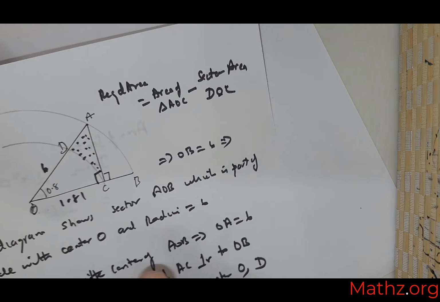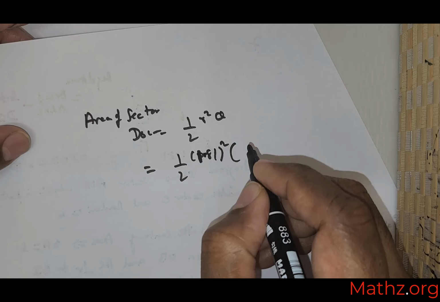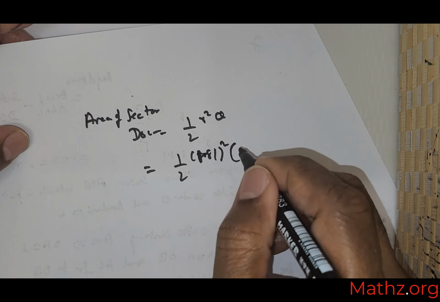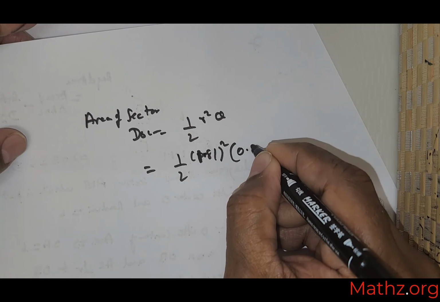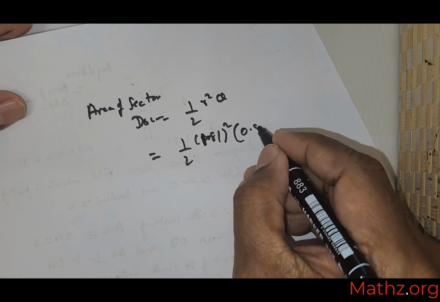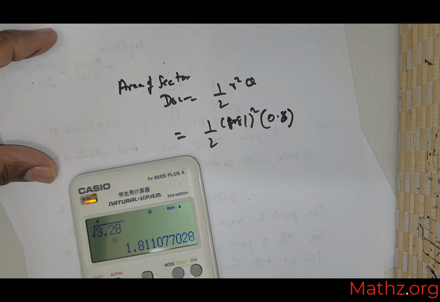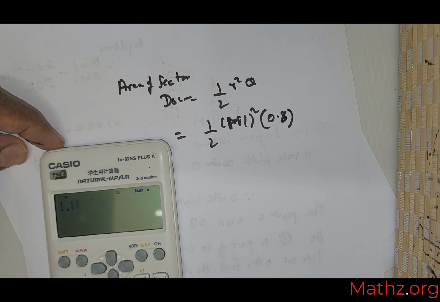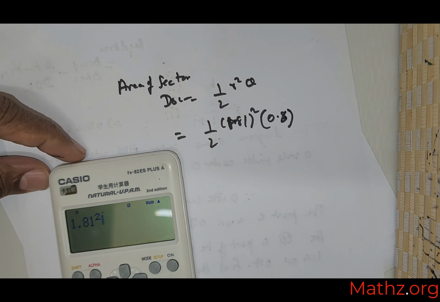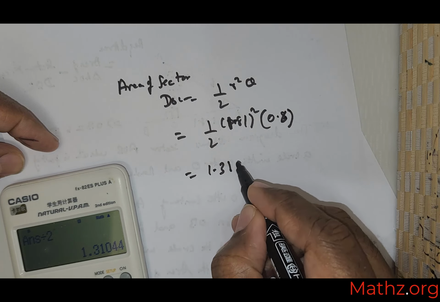OC is 1.81, so 1.81 squared. Theta, you substitute the value in radian measure, 0.8. So this is going to be 1.81 squared multiplied by 0.8, divided by 2. So that's going to be 1.31 square units.